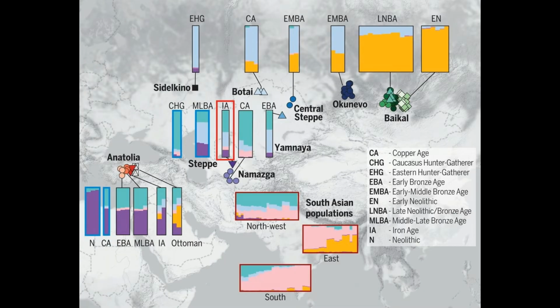Now the second map is from Damgaard's study from 2018 as well. It's titled "The First Horse Herders and the Impact of Early Bronze Age Steppe Expansions into Asia." This is an interesting map as it shows populations across Asia from this study. But the main thing to focus on here is the Iron Age Iranian.